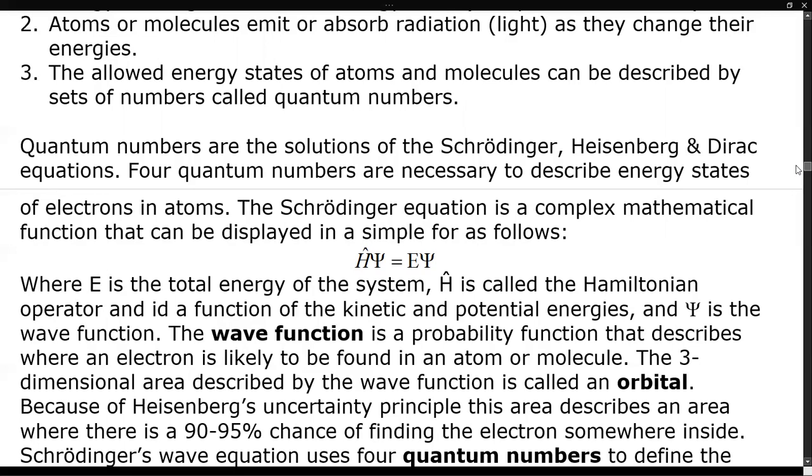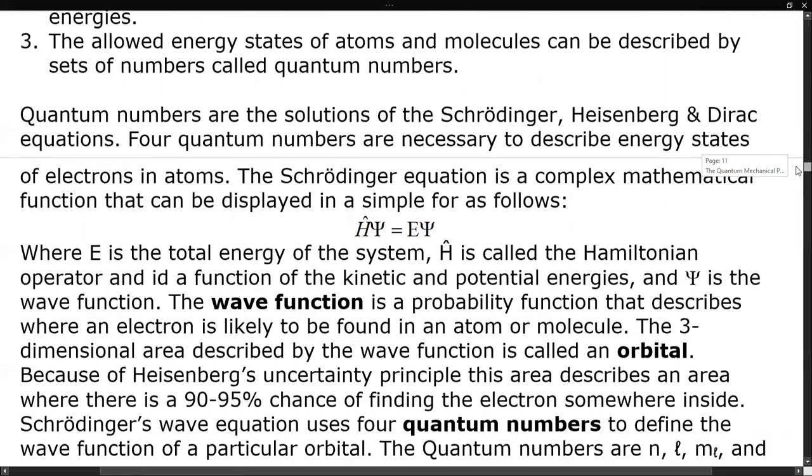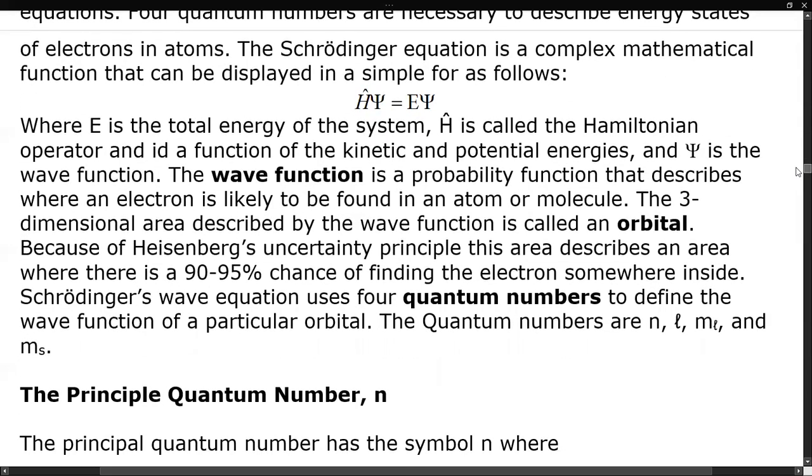Now, the wave function is our probability function, and it describes where the electron is likely to be found. And again, that's about a 90 to 95% probability, based on that probability function and the definition of those 4 quantum numbers.